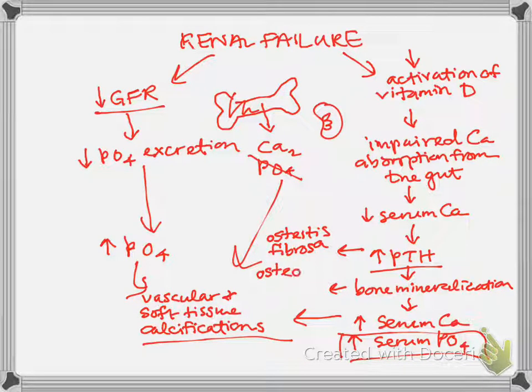So we have two problems with our bones in kidney disease. And that's a direct result of the loss of kidney function in terms of being able to excrete phosphate after parathyroid hormone has been released and has broken down bone, and also not being able to activate vitamin D and to absorb that calcium from the gut.